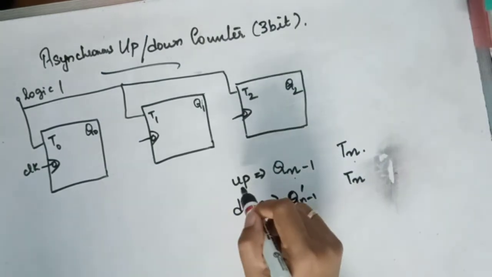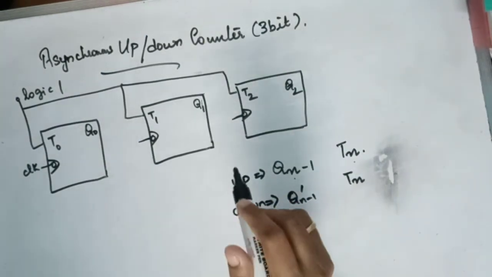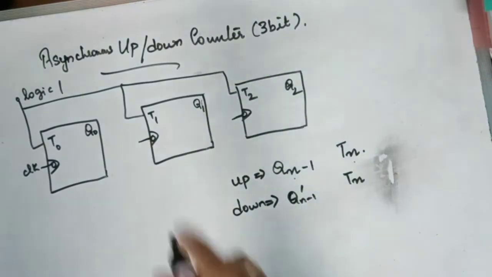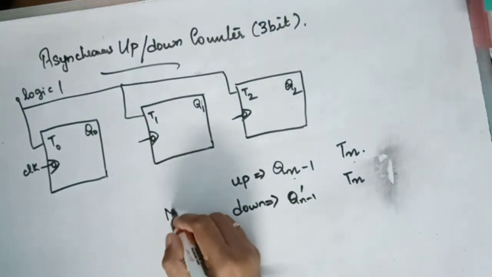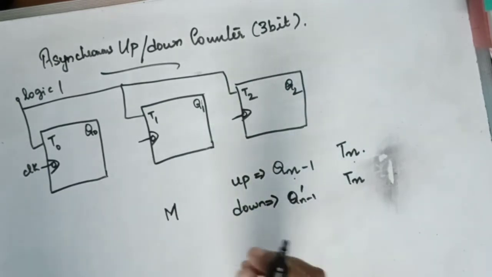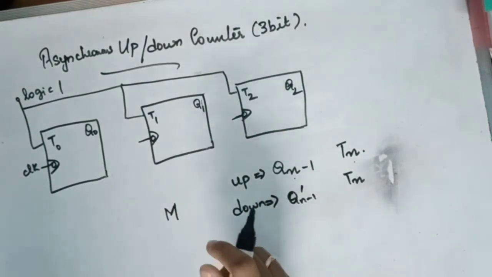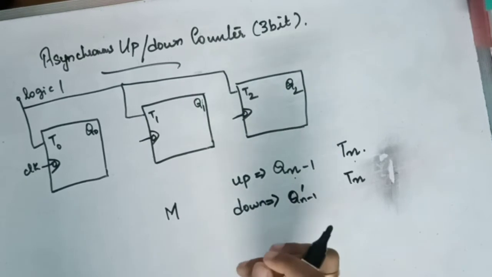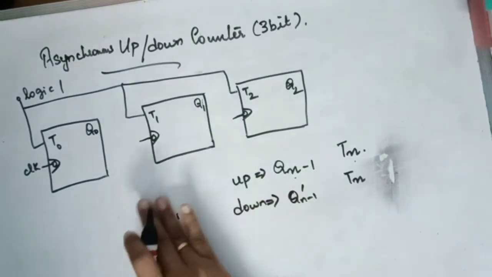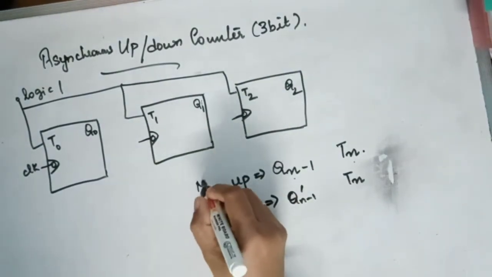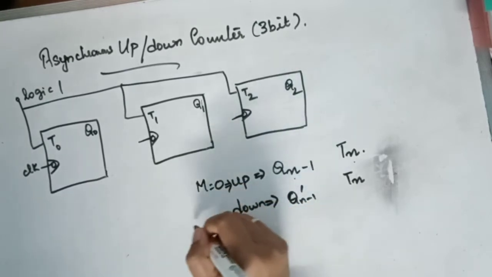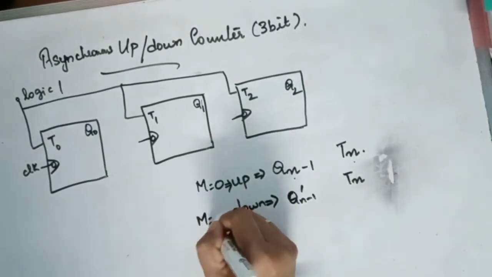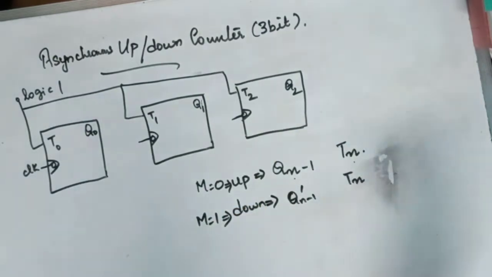So whether it is up counter or down counter, that is decided by a bit which we called as the mode control. I am notating it as M. M is a single bit. M can be 0 or 1. So let's say that if M is equal to 0, then it will up count, and M equal to 1 means it will down count.